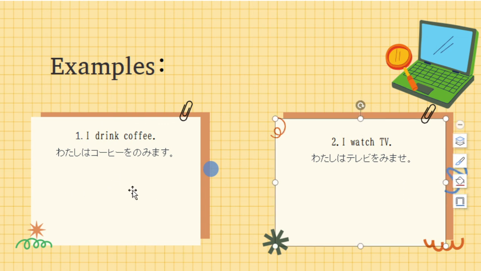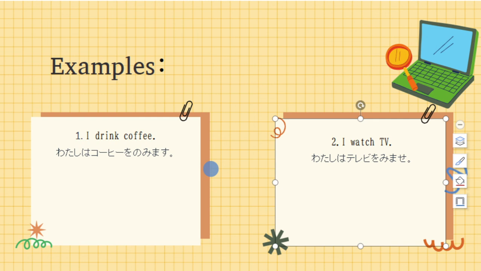So always remember that the particle o is used to indicate the object in the sentence. This is very important, class, that you add the particles when you construct a sentence. If the particle is missing, the sentence has incorrect grammar. So it is incomplete. Particles are the ones that add spice to the sentence, so without particles the sentence is bland.